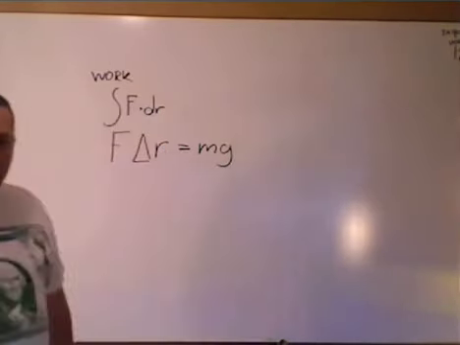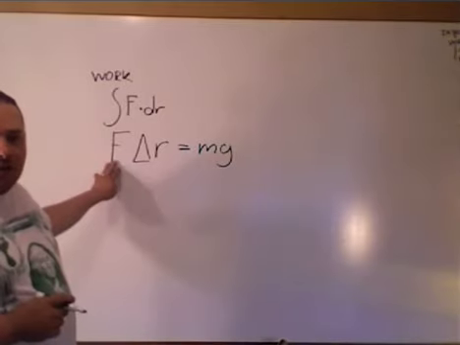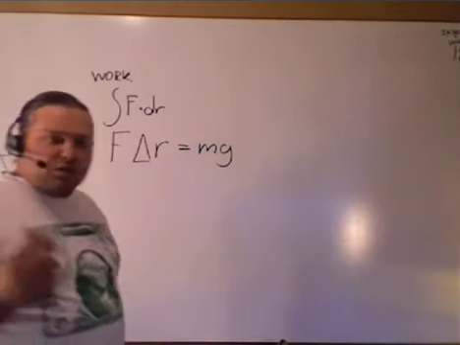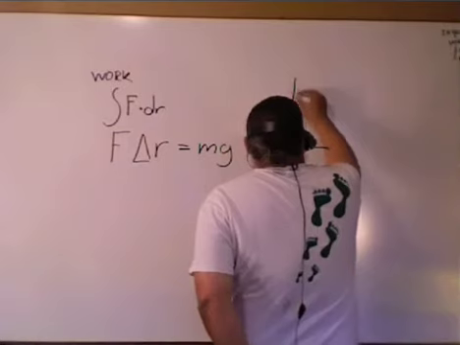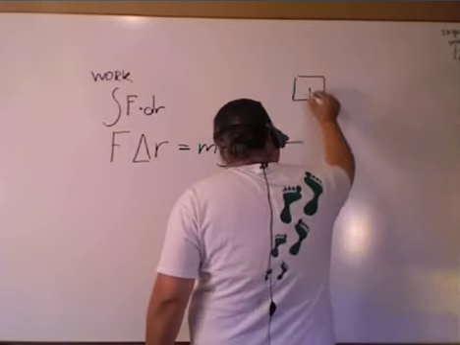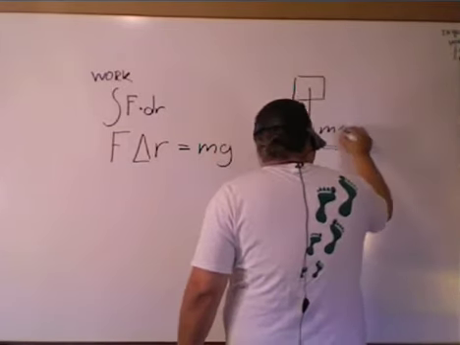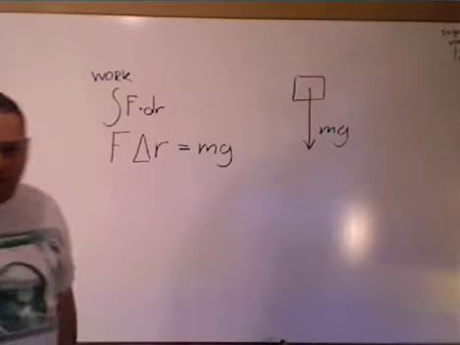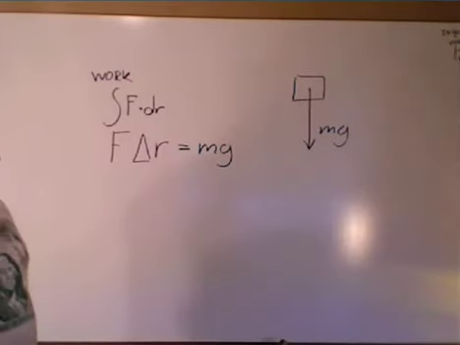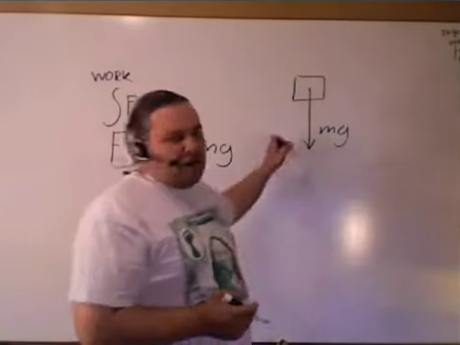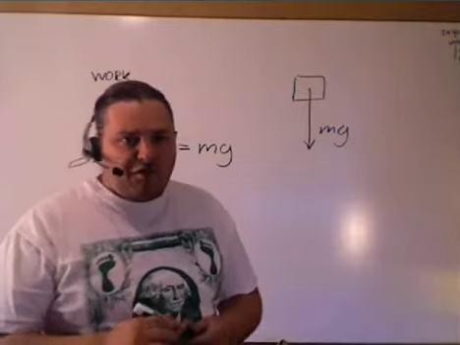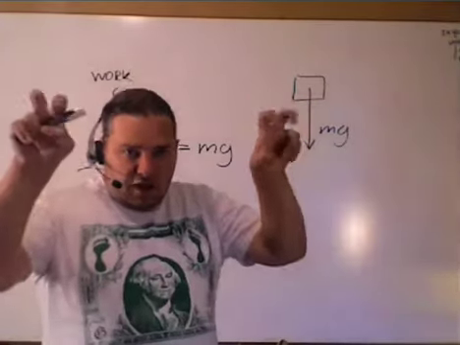So when we look at the weight of an object, here's our object, we talk about the force from that object, mg. We know that that force is always going to be directed towards the center of the Earth. It's always going to be directed down.